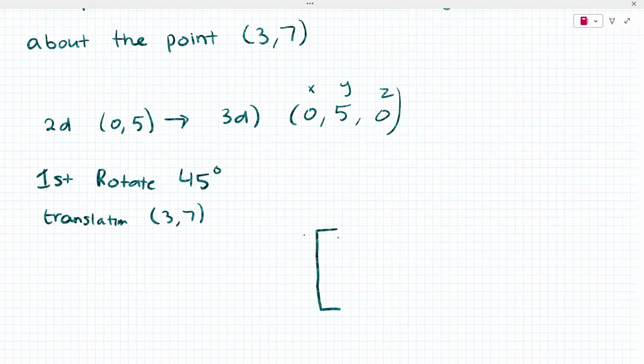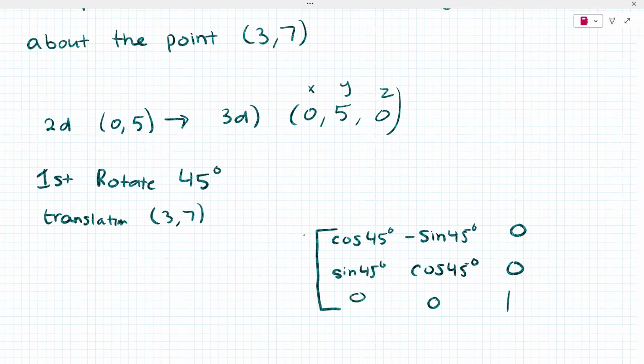So that would be cosine of 45 degrees, negative sine 45 degrees, sine 45 degrees. Oh, keep in mind we are going to make it in 3D, so this z is going to be 0, and this is going to be cosine 45 degrees. This is going to be 0, and then this is going to be 0, 0, 1.